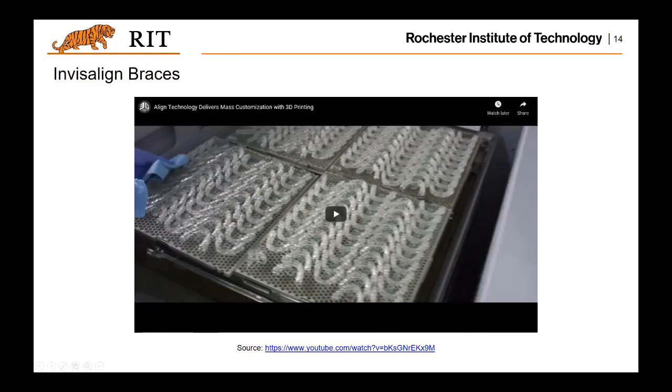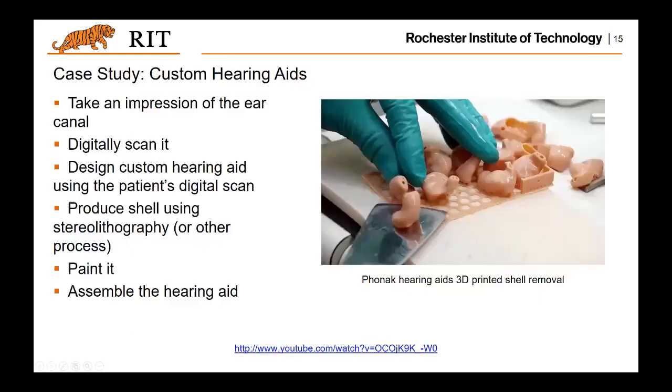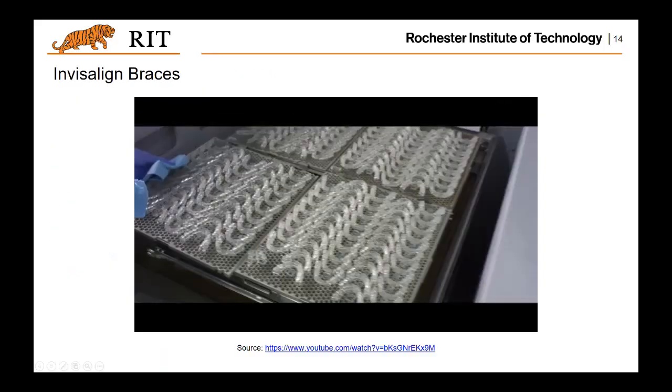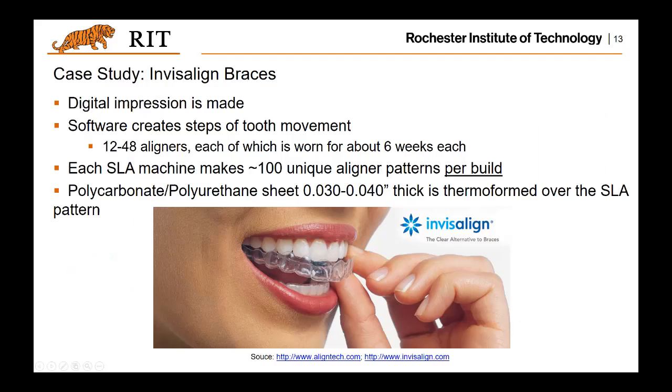Okay. So one thing I want to clarify here is, I just realized I didn't make it clear. That is this one, this final product. This final product actually is not directly manufactured using 3D printing.